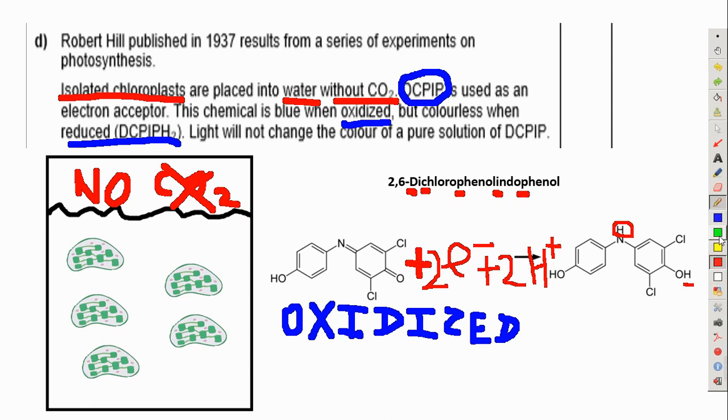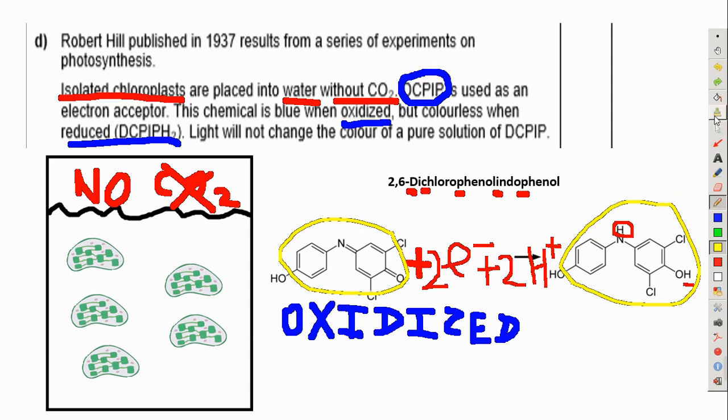And this molecule here is colorless. Just to recap, this molecule, DCPIP, is blue. It's the oxidized version. When you reduce it, so you add 2 electrons plus 2 protons, you get this molecule, and this molecule is colorless.